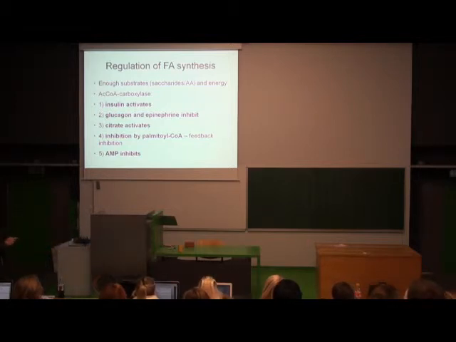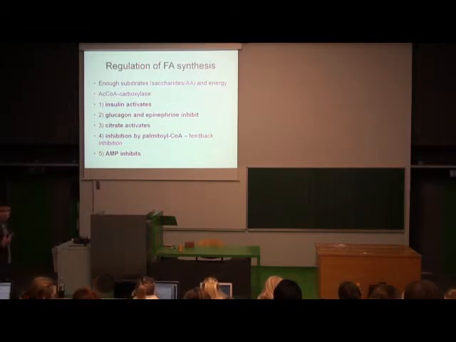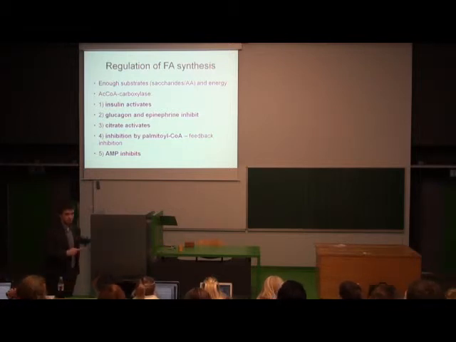And there are 5 factors that regulate its activity. So we will start here. AMP inhibits. It means if you do not have energy, the acetyl coenzyme A carboxylase is inhibited. That's easy. Citrate activates this pathway. Citrate is the message that you have enough acetyl coenzyme A in the matrix.